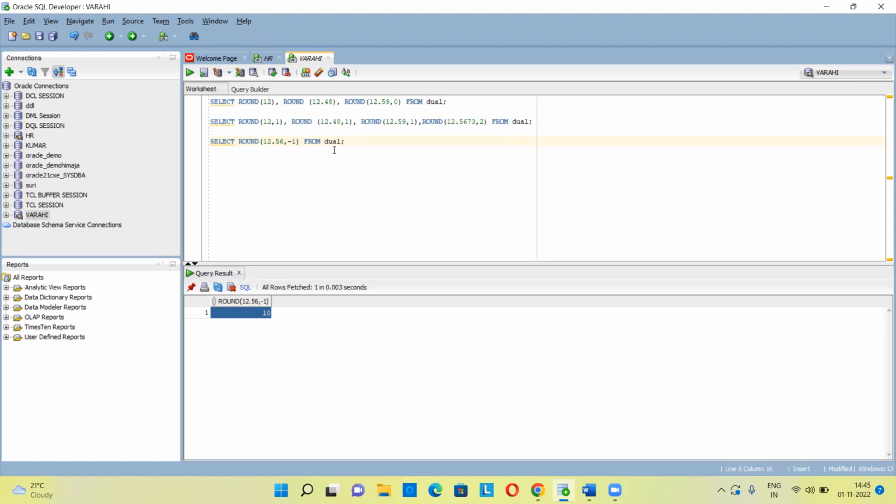What is the second parameter? -1. -1 means the value here is 2, so immediately it will place 0 in place of 2. That's it. So it became 10. Understood right till now?